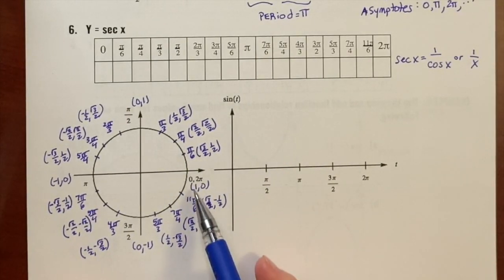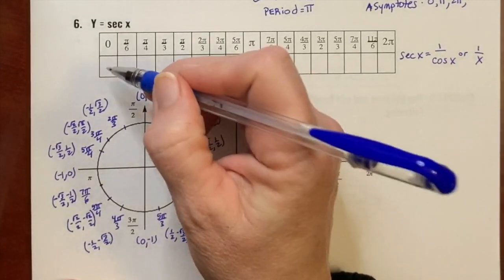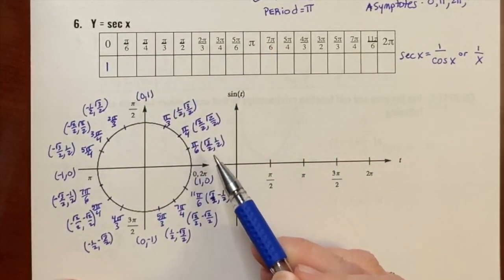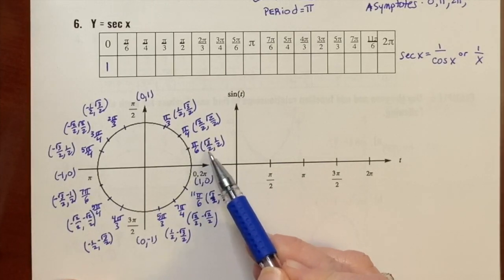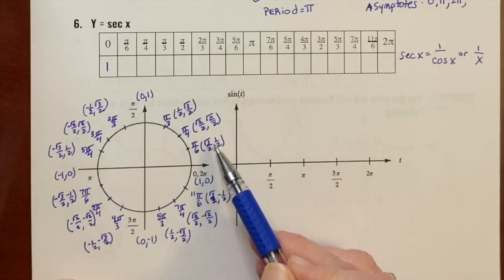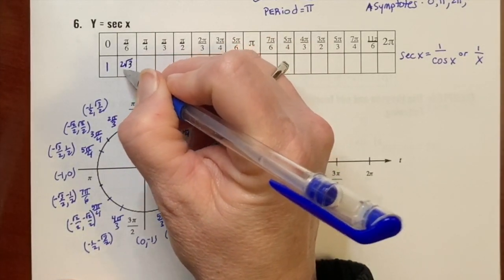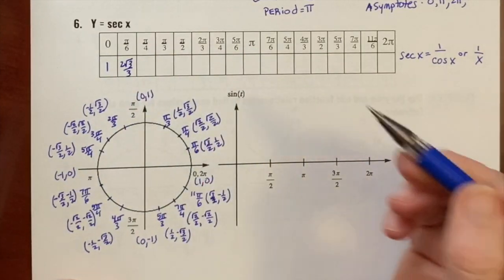All right, so starting at 0, the x coordinate is 1, reciprocal of 1 is 1. Moving to pi/6, the x coordinate is square root of 3 over 2. We take the reciprocal, which is 2 over square root of 3, and you know me, I can't leave it that way, so I rationalize it: 2 square root of 3 over 3.